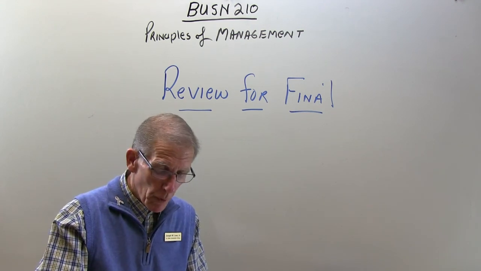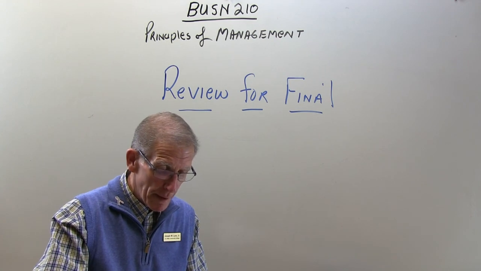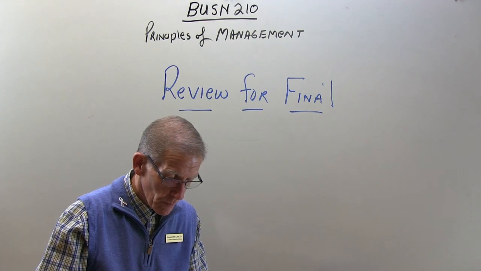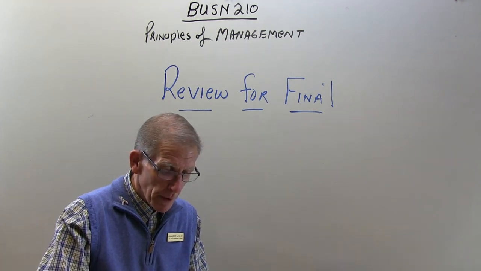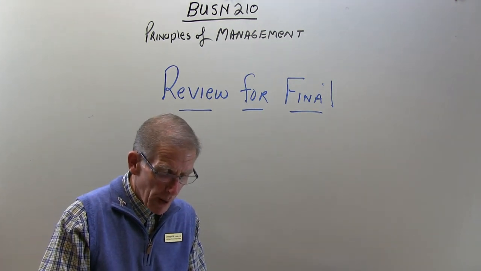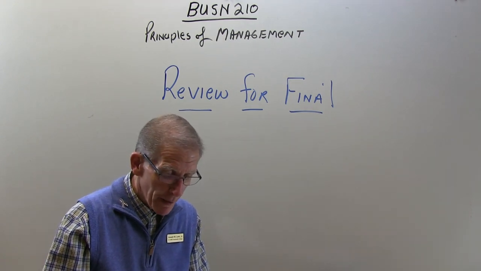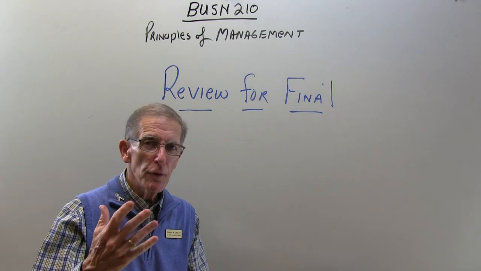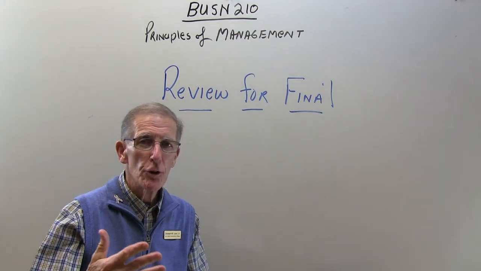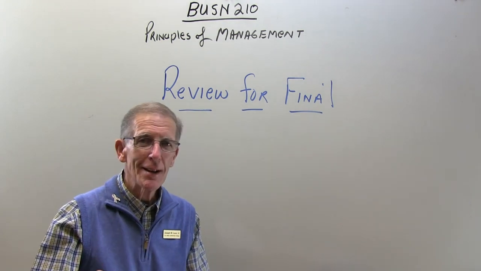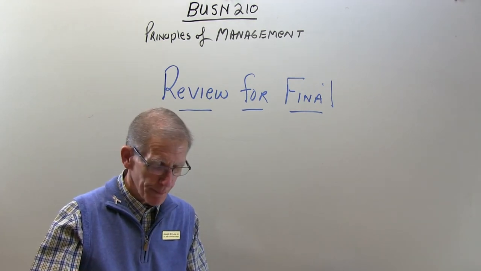So it's chapter 1, page 5, the definition of management. Then a little bit further over in chapter 1, in my book, it's on page 9. I want you to know the 4 functions that all managers perform: planning, organizing, leading, and controlling.